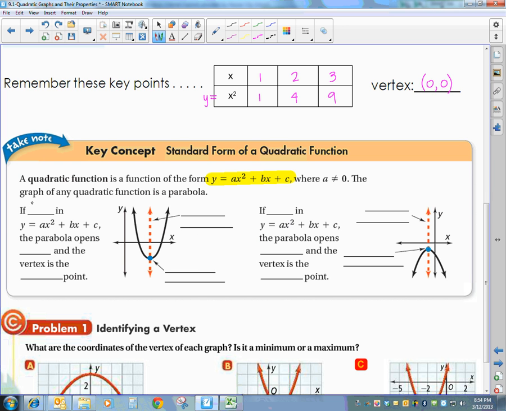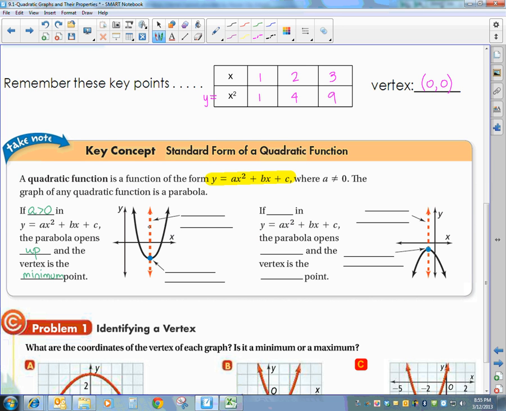What will cause that graph to happen is if a is greater than 0, that means it will be a positive number. So in this equation, if a is positive, the parabola will open up. And that vertex point right here will be a minimum in my graph.